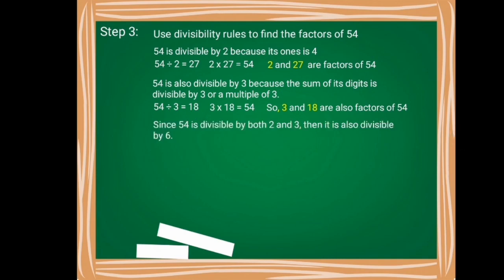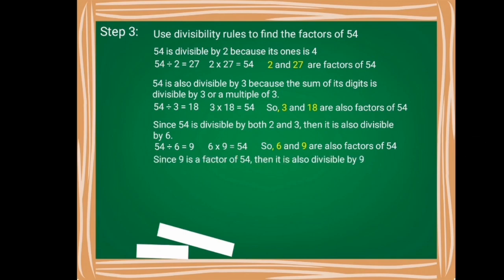Since 54 is divisible by both 2 and 3, then it is also divisible by 6. 54 divided by 6 equals 9. 6 times 9 equals 54. So, 6 and 9 are also factors of 54. Since 9 is a factor of 54, then it is also divisible by 9.